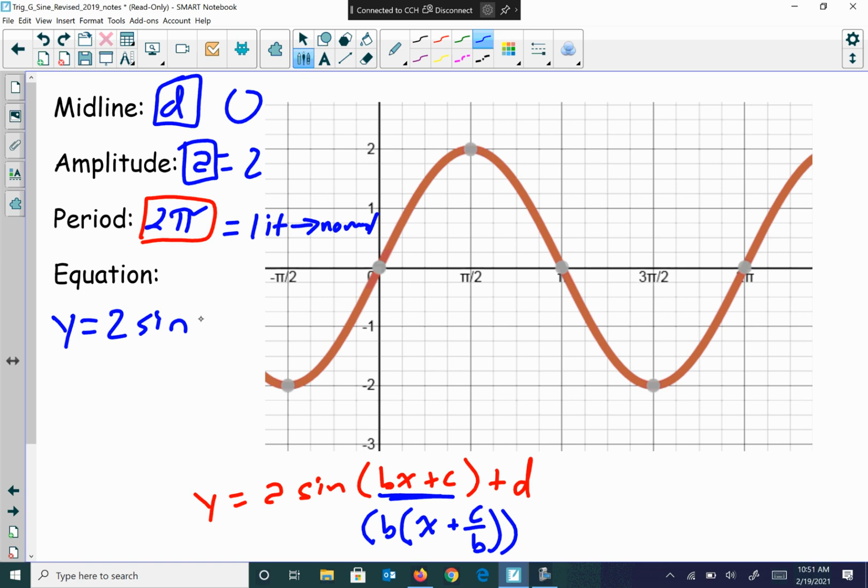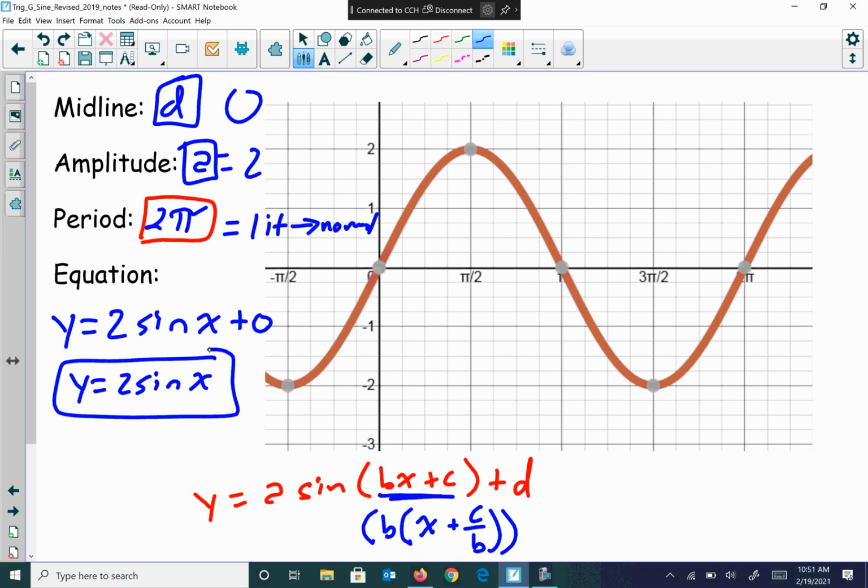So this is just basically sine of x. Yes, I could put it in parentheses, but I don't have to because it's not shifting right or left. And being that 2 pi is our normal distance all the way around the unit circle. And then our midline happens to be 0. So then my answer to this is y equals 2 sine of x. That is the equation to that line.